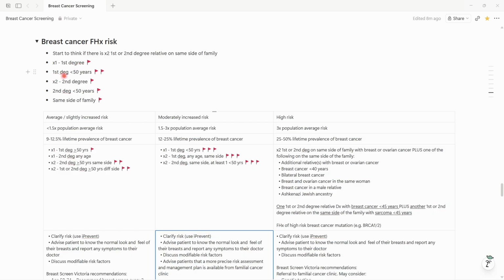If you have a first degree relative under 50 years of age, that is 2 flags. If you have 2 second degree relatives, that is 1 flag. And if you have a second degree relative under 50 years of age, that is another flag. And if you have 2 family members with breast cancer on the same side of the family, whether they are first or second degree, then that is another flag.